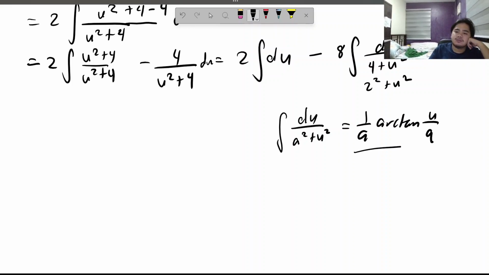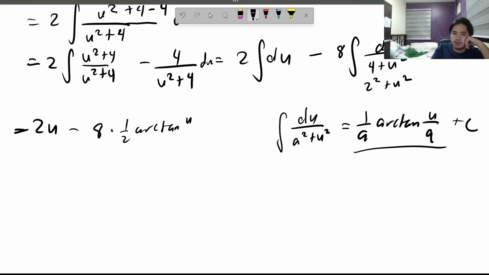Right? Don't forget the c. So we can use that form to solve that. So 2u, which is this one, minus 8, and then times 1/2 arctangent of u over 2 plus c.